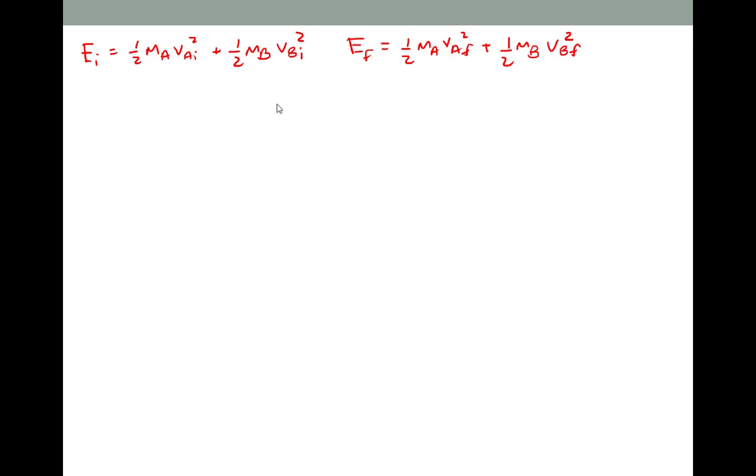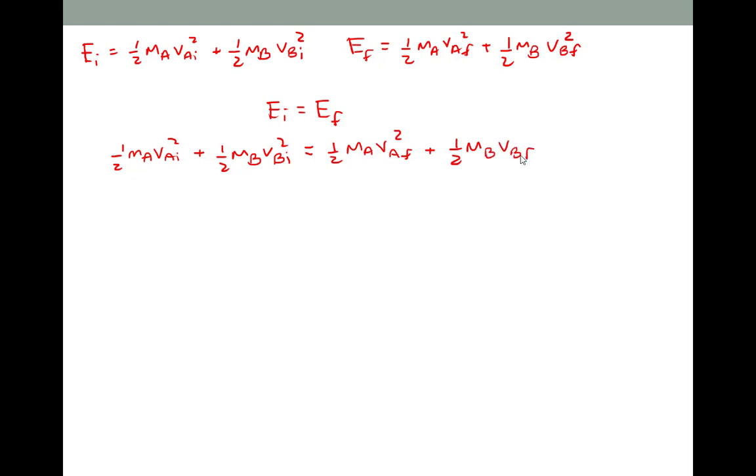And now it's elastic, so initial energy has to equal final energy. Plugging in those two energies results in this equation. I have a factor of 1/2 in every term, so I can cancel it.